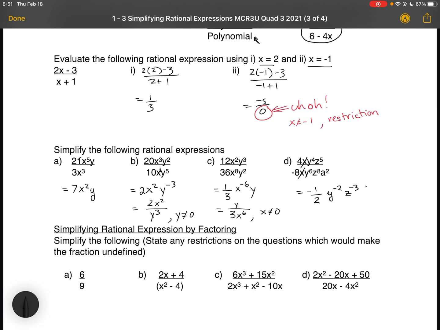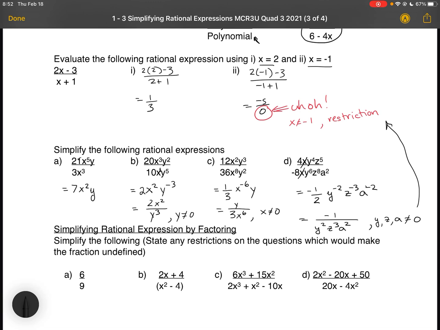And no a's on top divided by a squared on the bottom would be a to the -2. Rewriting my answer with positive exponents, y squared, z cubed, a squared, and then stating my restrictions. So y, z, and a all can't equal 0, just as we saw up here when we substituted in -1.